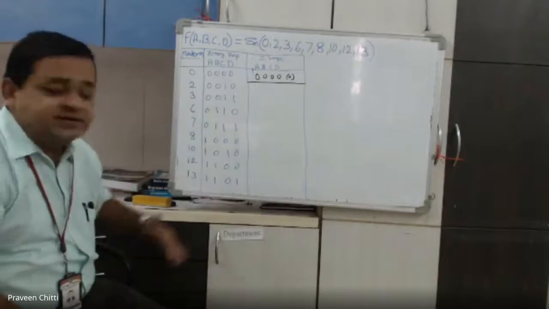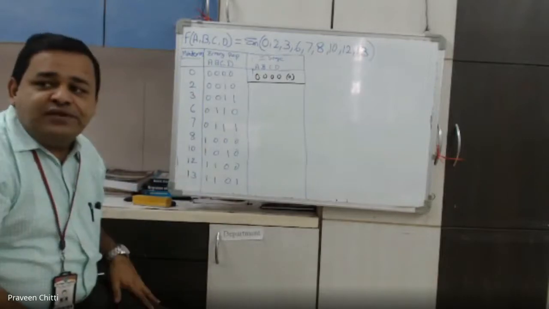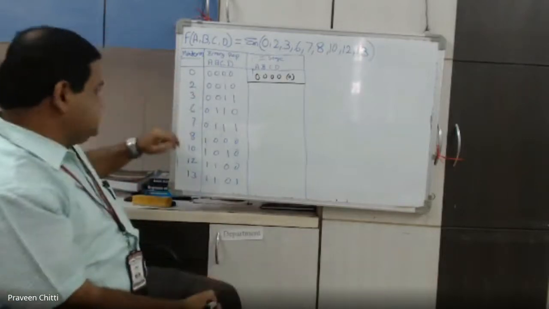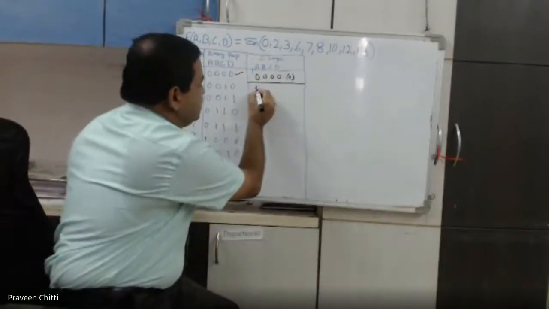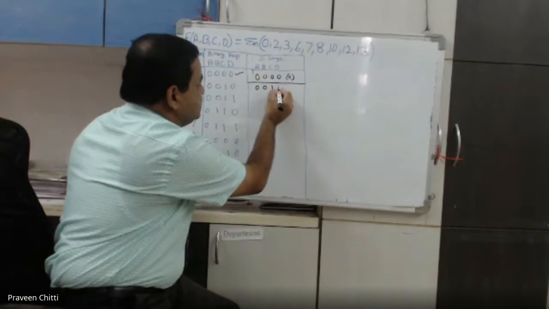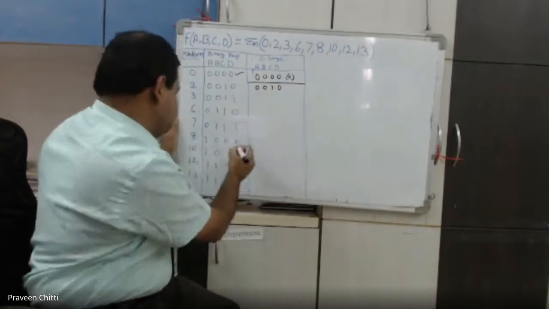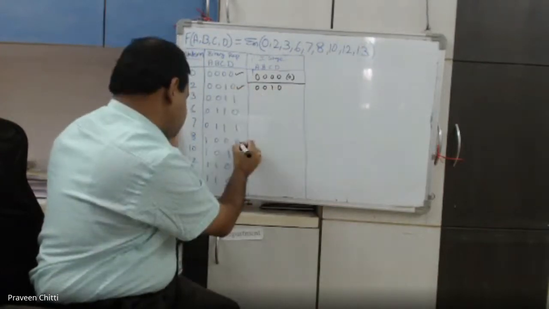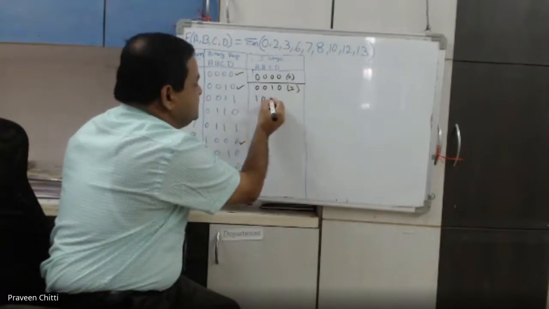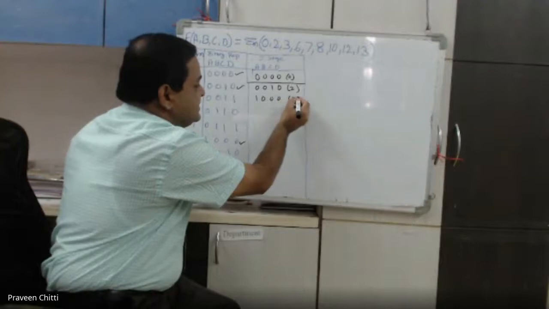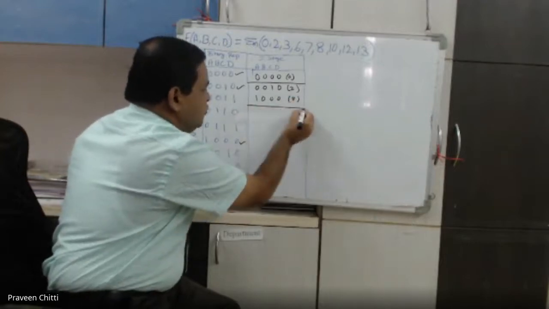Next we have to write the group with 1 one. So I write 0, 0, 1, 0, which is 2, and 1, 0, 0, 0, which is 8.